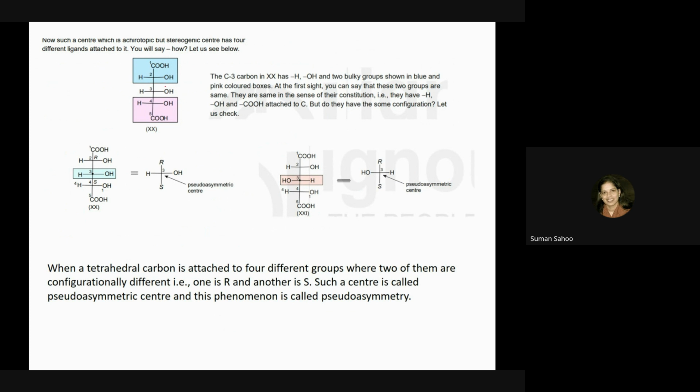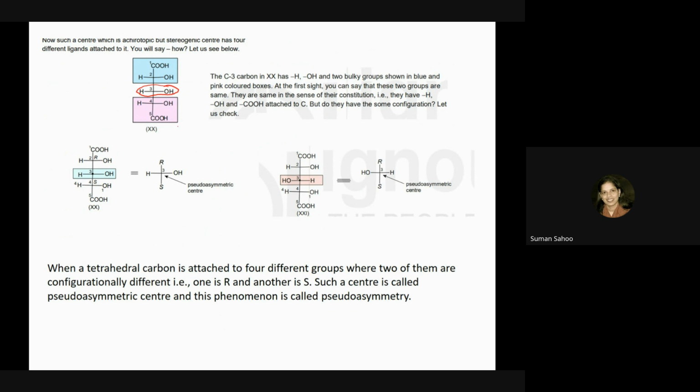So now here we have 4 different groups attached to it. Okay, so the carbon number 3 has H and OH, and we have 2 groups in blue and pink color. If you just see, you will say that these two are the same. They look the same, so they are the same in constitution. They look the same, but do they have the same configuration?